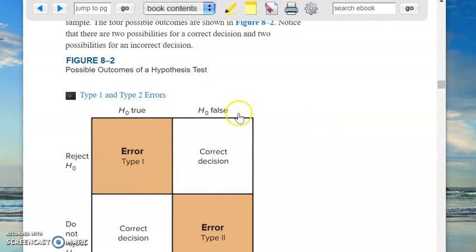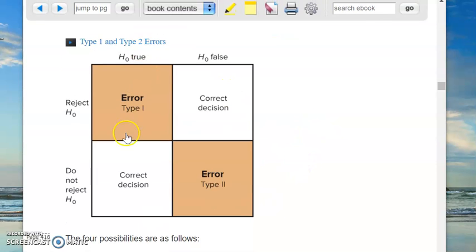So when we're talking about these columns, this is like absolute truth. You know what the truth is. You know that it's true. You know that it's false. You know that the null hypothesis is true, or you know that the null hypothesis is false. Now, obviously, in real life, you don't have that situation, but this is to help us understand this concept.